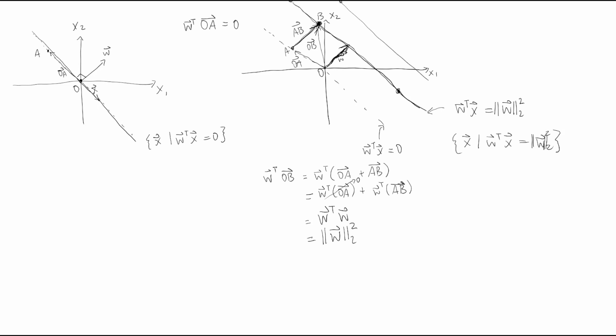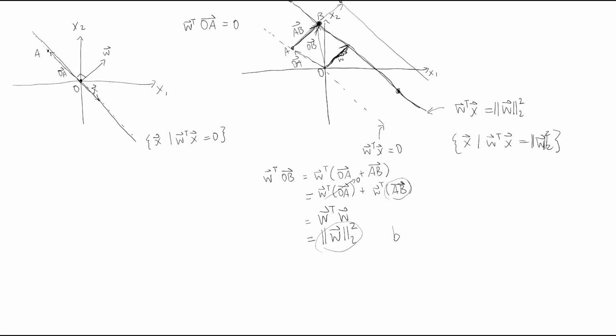The only difference in our calculation is that this vector AB will be longer. So we will just have some other number at the end. Instead of the 2-norm of W squared, we'll just have some other constant, let's call it B.